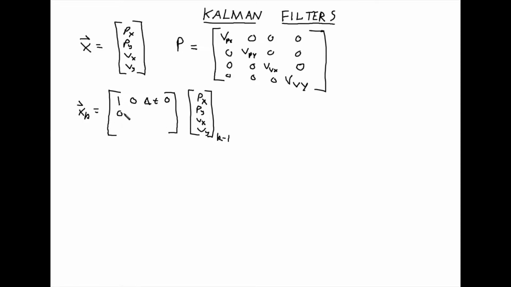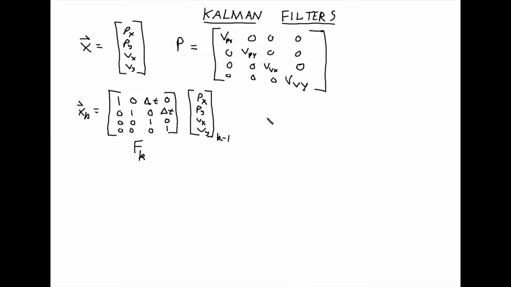And same thing for y, I could do it like this, and then that would give me my new y. Then we're going to assume constant velocity, so vx and vy don't change. So vx will just depend on vx, and vy will just depend on vy. So this matrix right here is our state transition matrix, and we're going to call that F k.